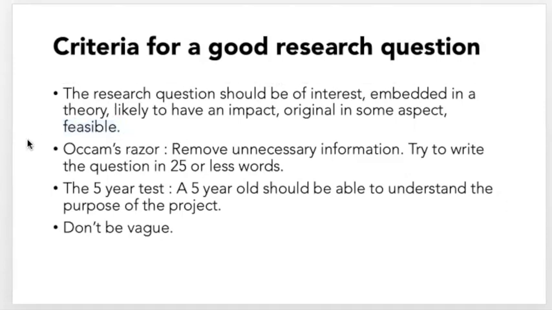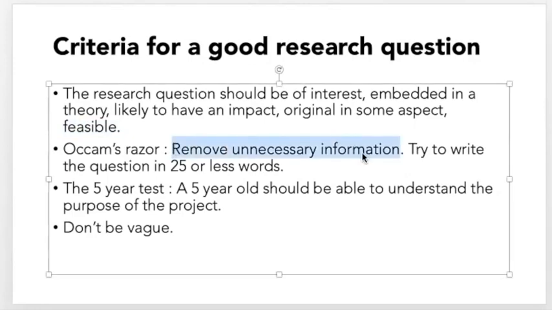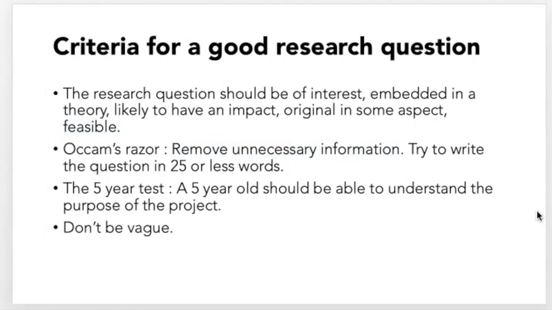So when you think about research, think about research that actually can be completed or done without necessarily saying later that, look, I did the research, but it's very difficult to do. Or I did develop a proposal, but it's very difficult to do. And then remove all unnecessary information and try to write the research question in less words, 25 or less words. Titles must be 12 or less.